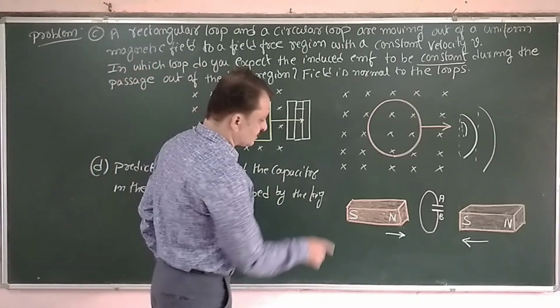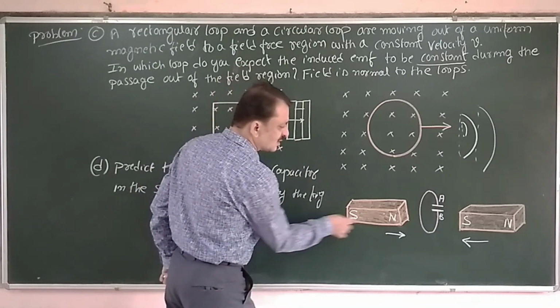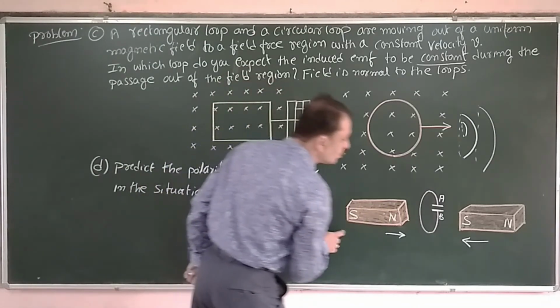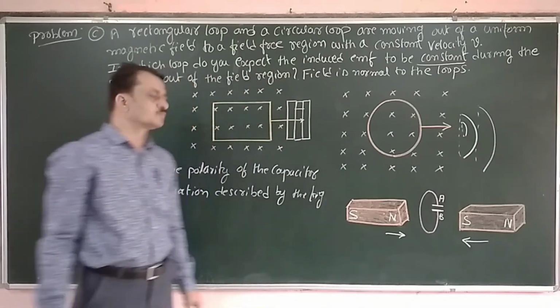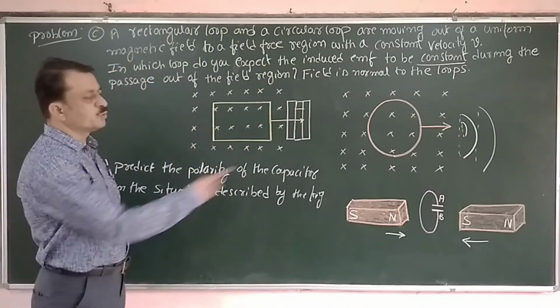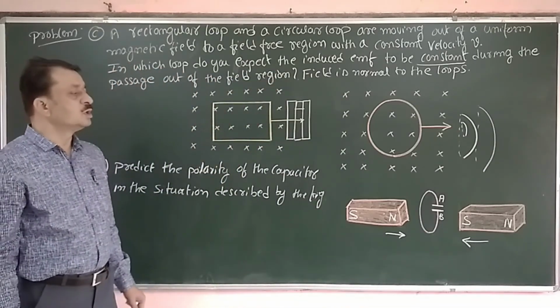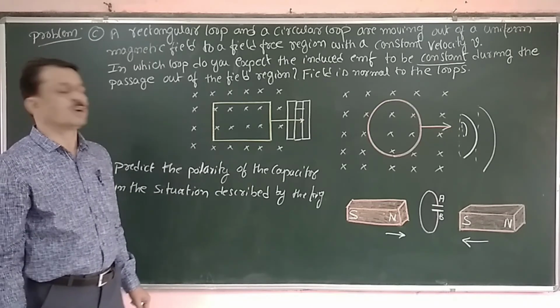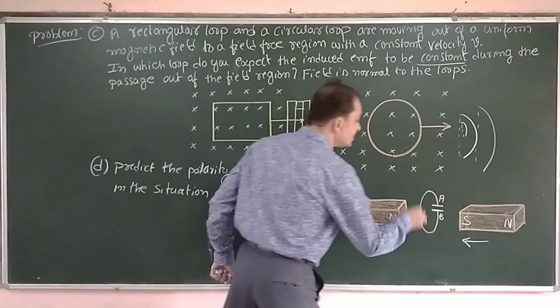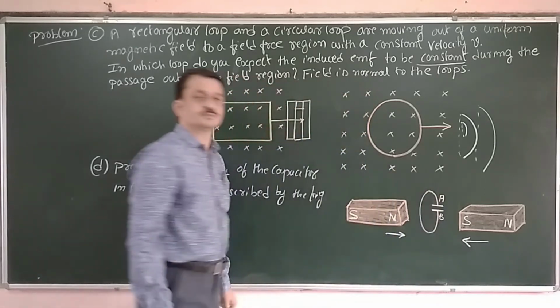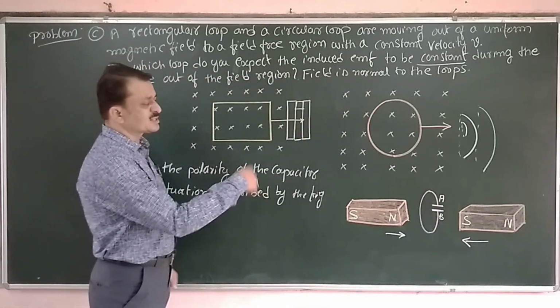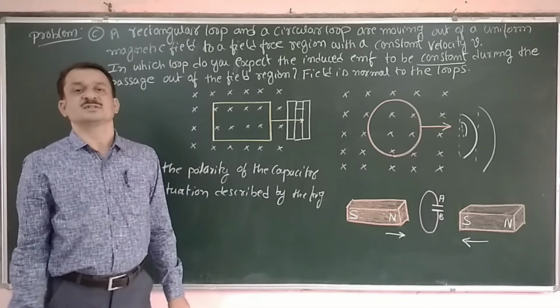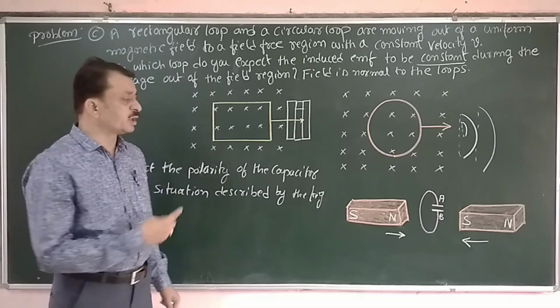Now look at the first case. Whenever the north pole of this magnet is moving towards the coil, according to Lenz's law, what will happen? The current is induced in it. Whether it is clockwise or anti-clockwise, that you have to look into.